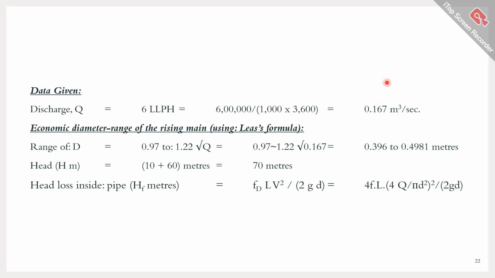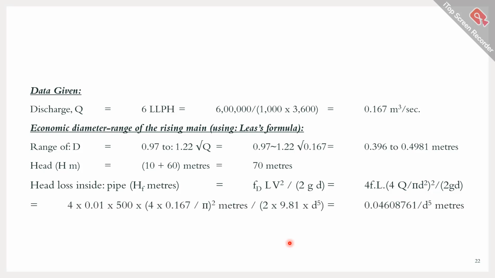If the volumetric flow rate Q is 0.167 meter cube per second through the pipe, and you divide it by the cross-sectional area, we get the velocity, because cross-sectional area into velocity gives you the volumetric flow rate. So Q divided by pi D square by 4 gives you V. The 4 from the denominator comes to the numerator, becoming 4Q divided by pi D square. This is nothing but V, and we take the whole square.